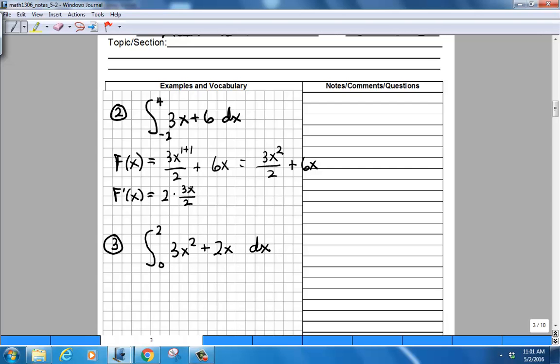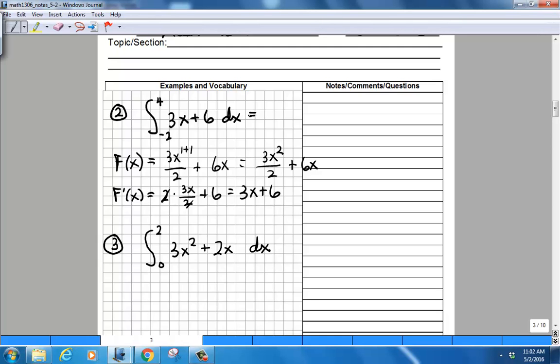And then what's the rate of change of 6x? 6. And of course, these 2's divide out, so you end up with just 3x plus 6. So we found the correct antiderivative. We find its rate of change, and we get what we had behind the integral.